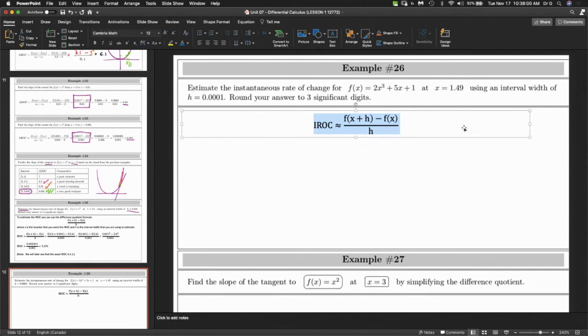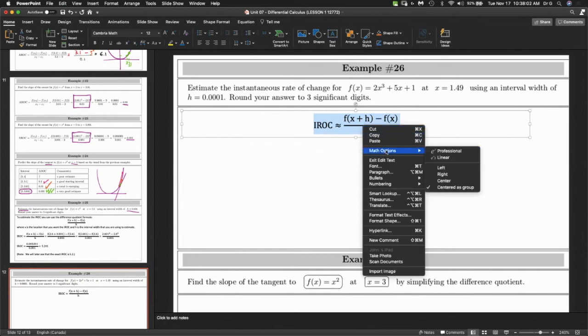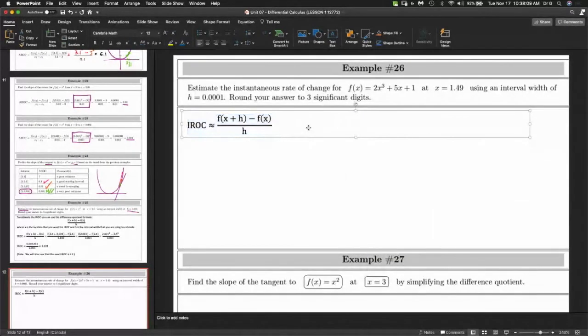So for this example, we're given the information in the question. So we just have to play around with it and plug in the numbers. So we're estimating the instantaneous rate of change. And in this scenario, it's 1.49 for x and that for h.